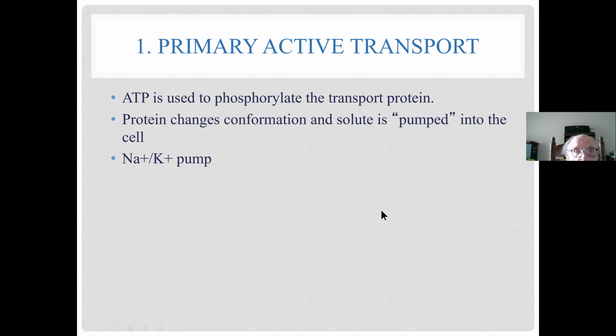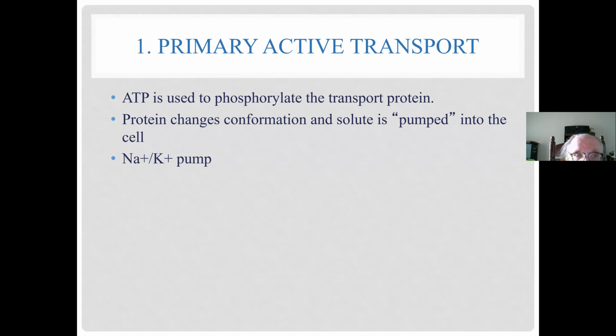Primary active transport: how you do that, you phosphorylate a transport protein. That gives it the energy. The protein changes configuration and the solute is pumped into the cell. We'll learn about the sodium potassium pump in the nervous system chapter, chapter 11.